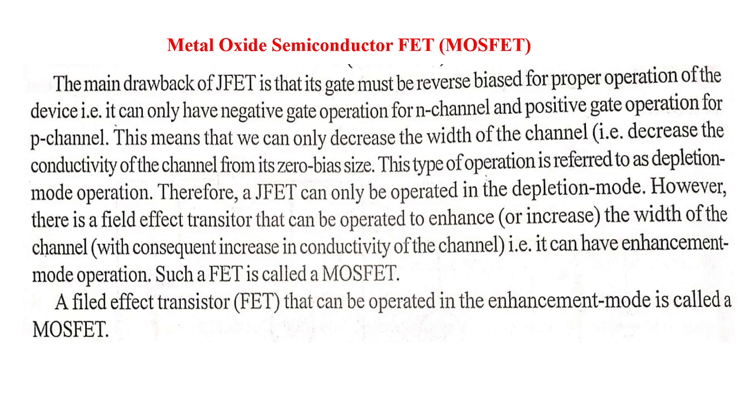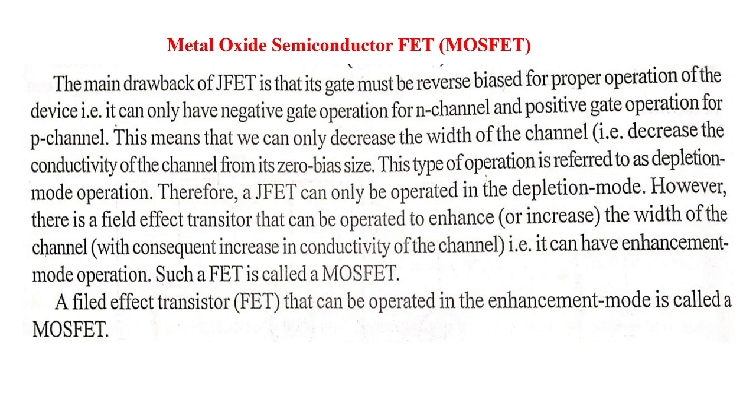However, there is a field effect transistor that can be operated to enhance or increase the width of the channel, with consequent increase in conductivity of the channel. That is, it can have enhancement mode operation. Such a FET is called MOSFET.